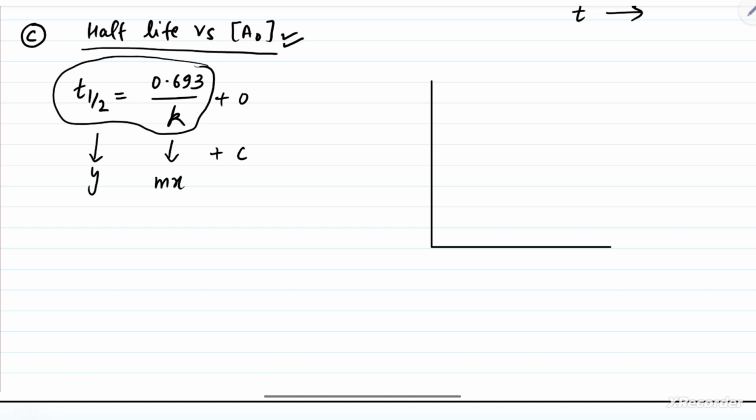That means A naught has no connection with T half. So if I plot the curve of A naught versus T half, since they are not connected and have no relation between them, we get a straight line. That means initial concentration is independent of the half-life. This conclusion is very important.